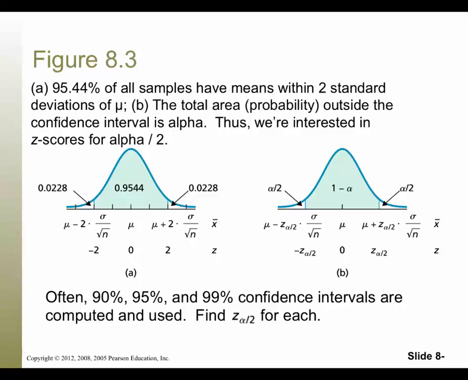So remember that we're now working in inferential statistics. Inferential statistics means we're going to take a sample from a population and deduce things about the population from the sample.